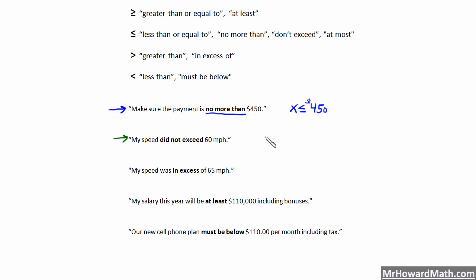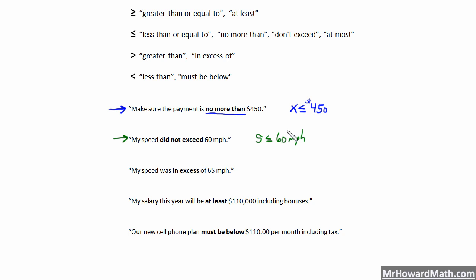So if we let our speed be S, we're going to say that S, our speed, was less than or equal to 60 miles per hour. So this means that we might have gone up to 60 miles per hour, but we did not go 60.5 miles an hour or 61 or 65. We might have been going 55 at times, maybe 59, maybe 60, but never over 60.